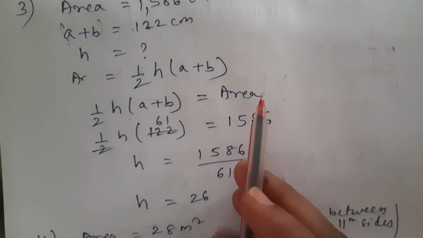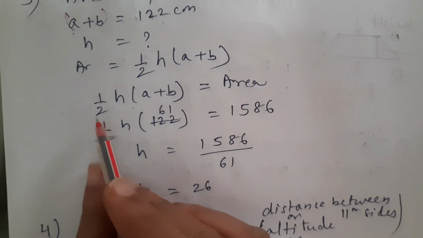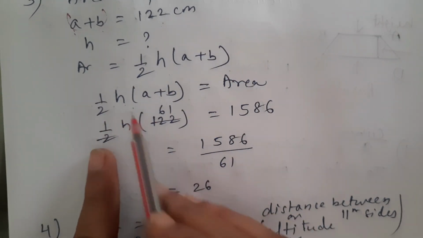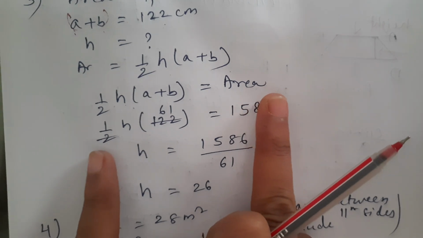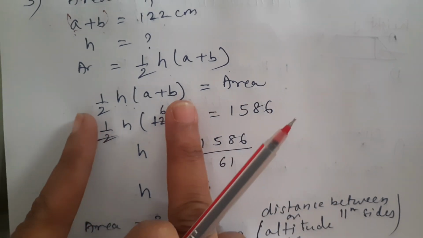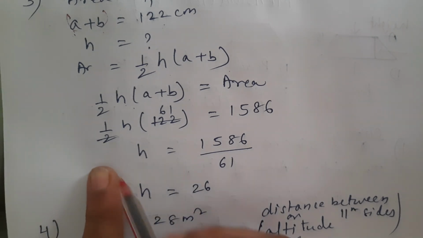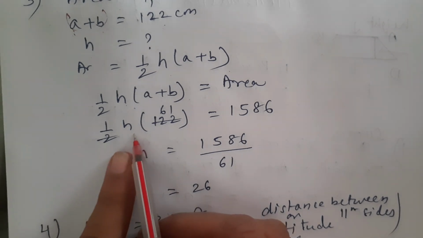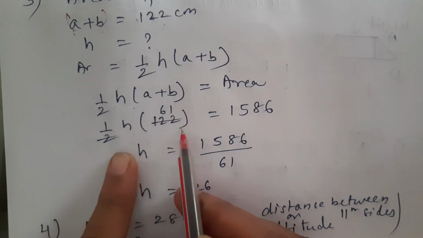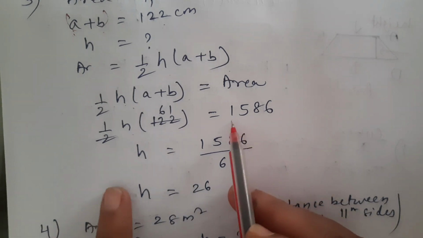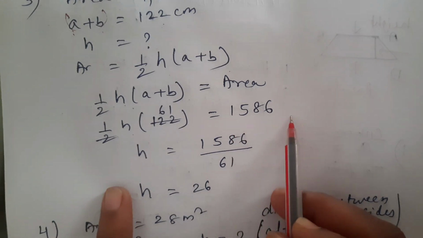For convenience, if we take the area to this side, cancellation is easy. So thus half, height we need to find, leave h as it is, replace the sum with 122 and the area as 1586.